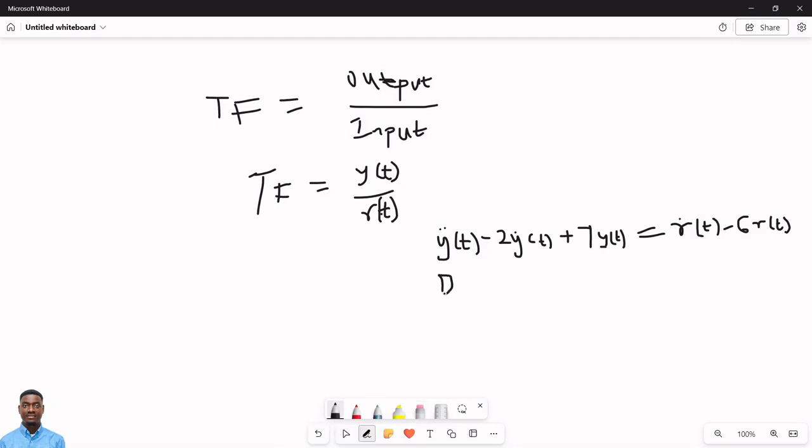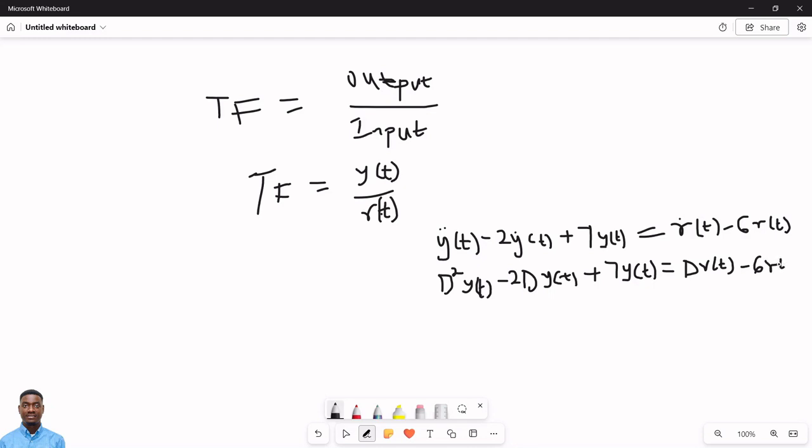So that will be D squared y of t, and minus 2D y of t as well, then plus 7y of t, because that y here has not been differentiated at all, equals D r of t, because r here was differentiated once, minus 6r of t.